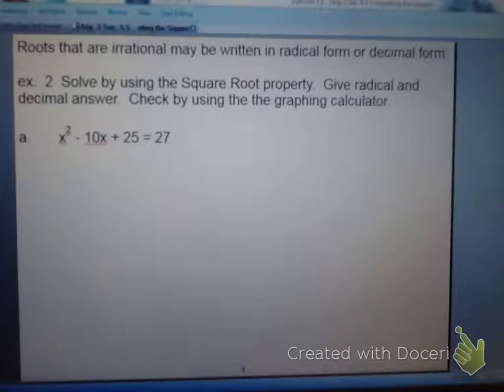Now some roots that are irrational can be written in radical form or decimal form.